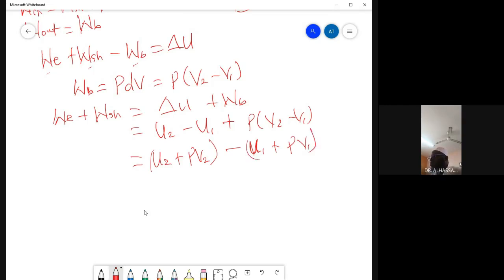So what is the definition for these two? U plus PV, that is the enthalpy. So H2 minus H1, absolute enthalpy. So that's the whole thing. If you don't know this, then there is no way you can solve this question. So I'll express this in terms of absolute quantities.